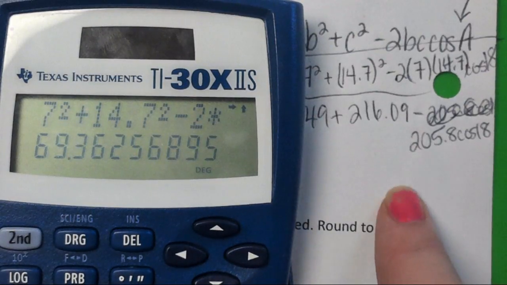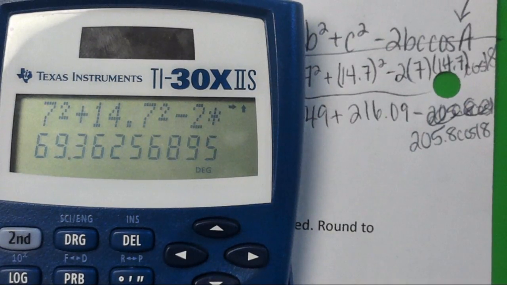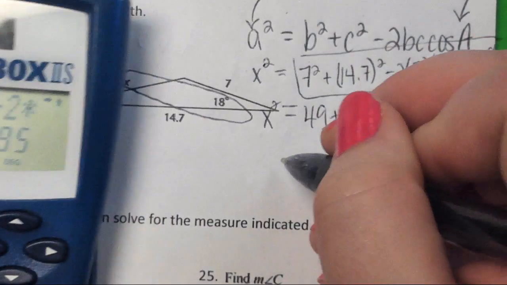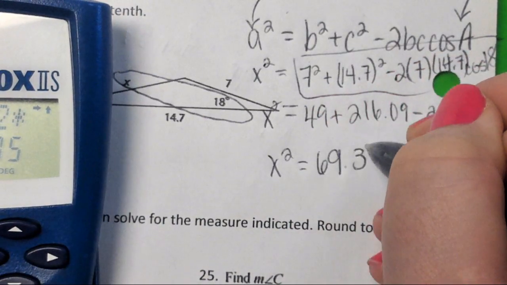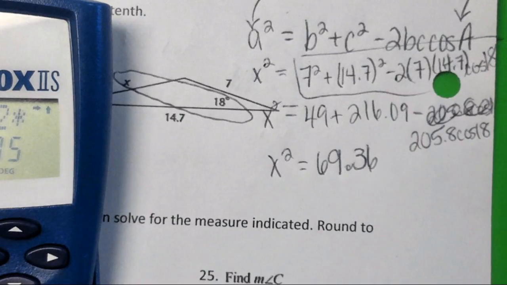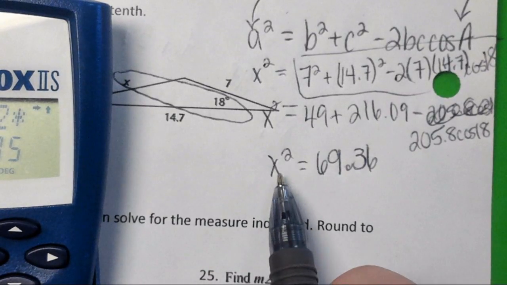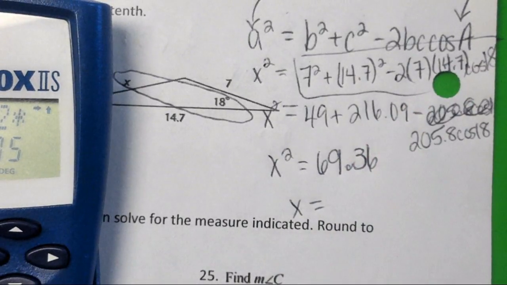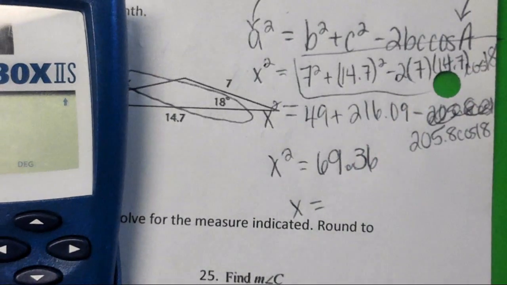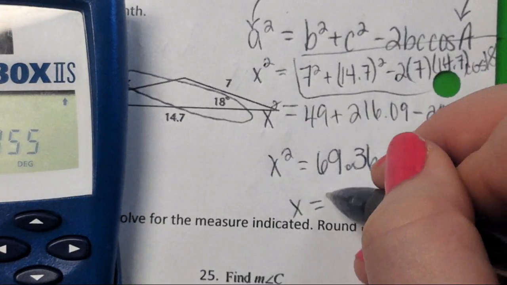If Miss Jessica had kept solving out, she would have gotten 69.36 anyway. If Miss Jessica wants to just jump straight to that answer, she can. However, she's not done, because just like with the Pythagorean theorem problems, we have it squared. We have to take the square root of both sides to get the real answer. So second square root, second answer, it's 8.3.